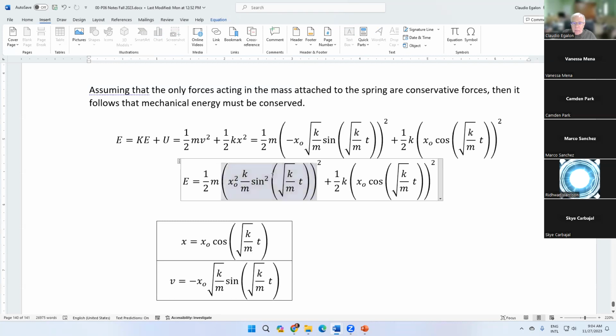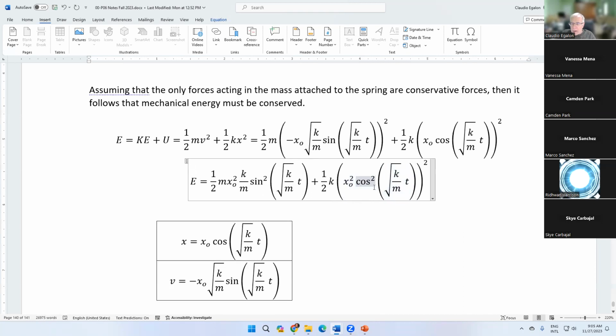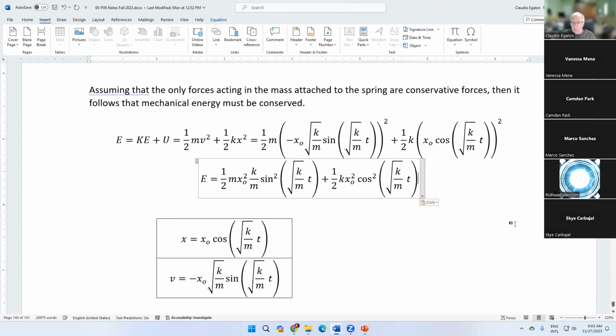Let's see again, right? kx naught square cosine square, like that.